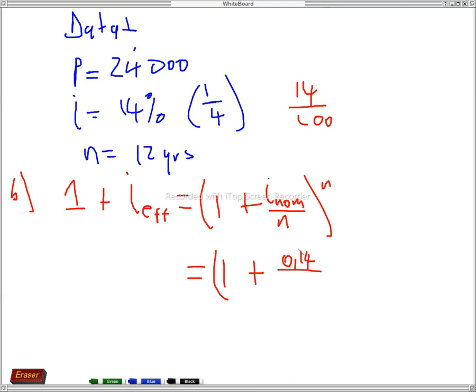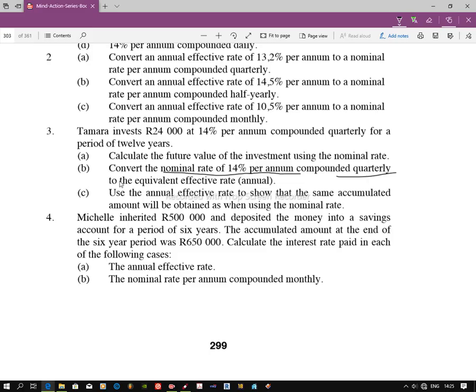You know how to convert the percentage to decimals, so we are just going to divide it by 4, since it is quarterly. That's the statement: convert the nominal rate of 14% per annum compounded quarterly to the equivalent effective rate annually.